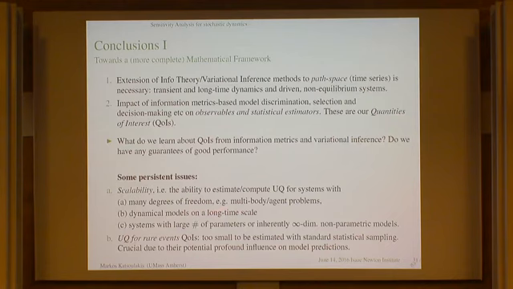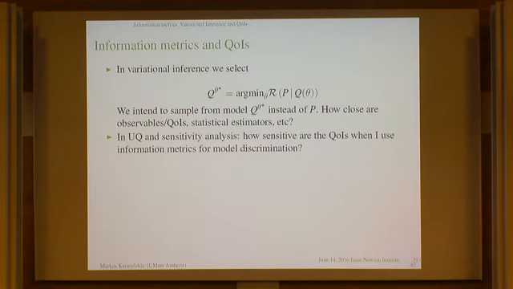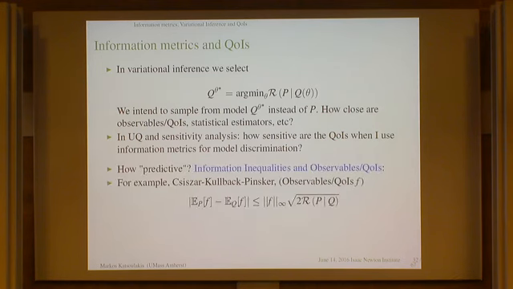And some of the usual issues, right? So this is the next question: what do you learn from information theory about observables and quantities of interest? One would say, well, I know a great inequality that does the job. It's the Pinsker inequality, and that's my observable.